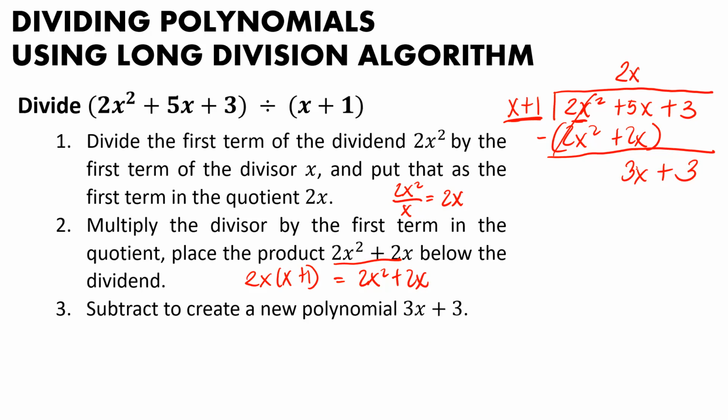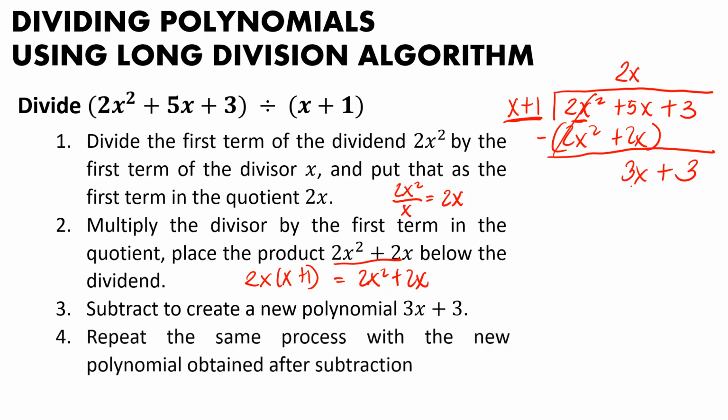And this one, repeat lang natin yung kanina. Yung first term, i-divide natin ulit dito. So, magiging 3x divided by x. Ang natira na lang ay ang 3. So, plus 3. So, multiply ulit 3 times x plus 1.